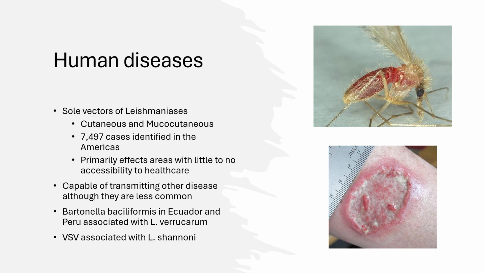The cutaneous form is much more common, and it causes skin sores that develop into bumps or nodules that then develop into very painful ulcers, which leave lesions as well as significant scarring and disfigurement.